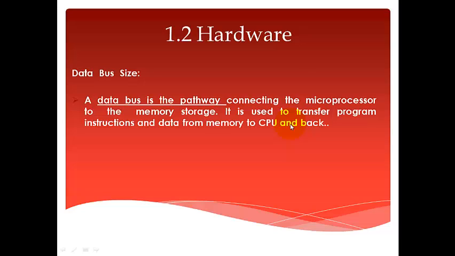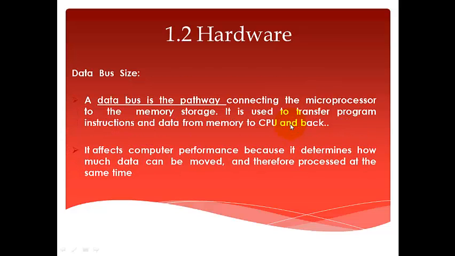Bus means a pathway along which the data can travel. Here the data bus will take the data and deliver it, just like a bus takes people and delivers them to their corresponding places. Likewise, the data bus will take the data and deliver it accordingly.